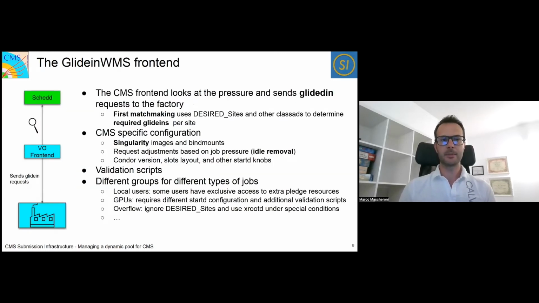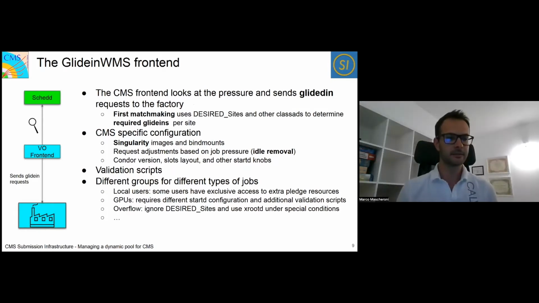The GlideinWMS frontend then looks at the pressure and sends glidein requests to the factory. There is a first matchmaking that takes place in the frontend, where the requirements of the jobs are analyzed and matched to the resources present in the GlideinWMS factory, and then glidein requests are made.